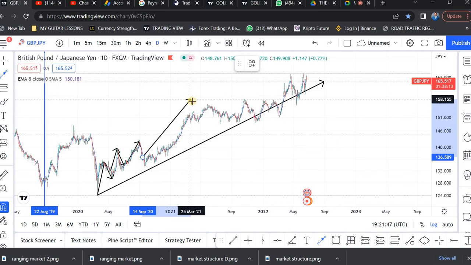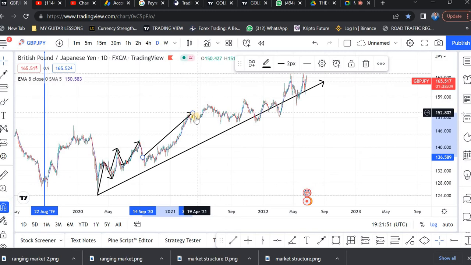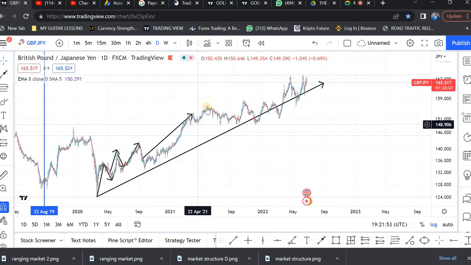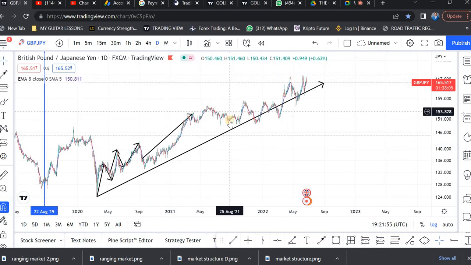There's another impulsive move up. Then there is a little retracement down here. Then another impulsive move, retracement, impulsive move, retracement, impulsive move, retracement. In that order, the market will be moving in a zigzag manner.